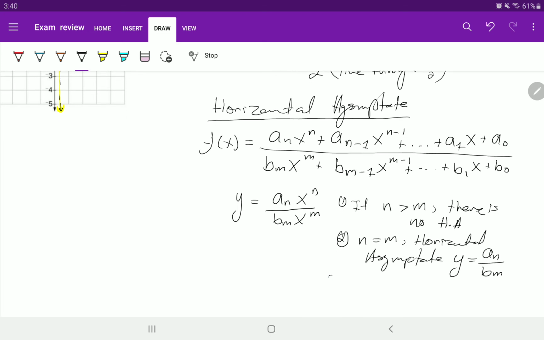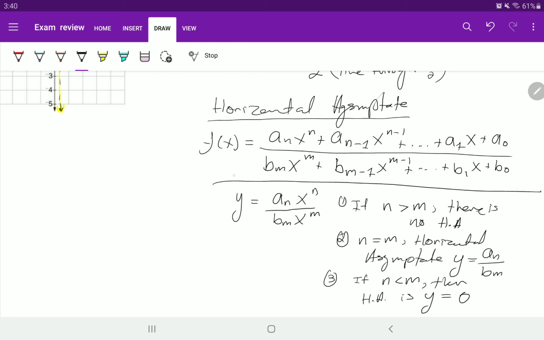Last but not least, number 3: if the degree in the numerator is smaller than the degree in the denominator, then the horizontal asymptote is y equals 0. Take those down.